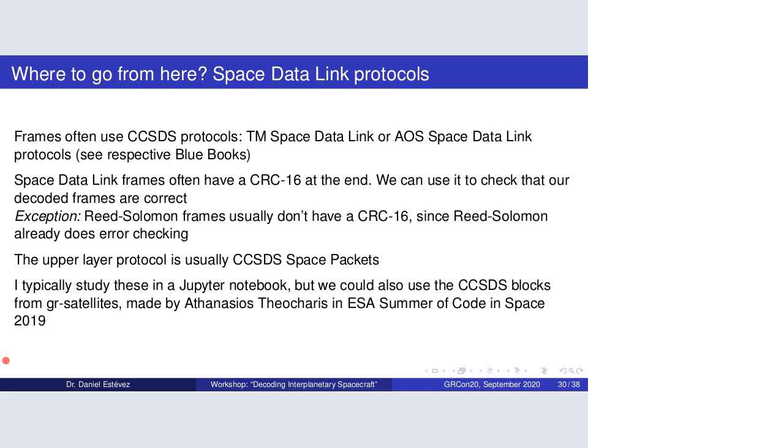This was made by Athanasios Theocharis, a student from Thessaloniki University in Greece, during last year in ESA Summer of Code in Space, which is similar to Google Summer of Code, but sponsored by ESA, and all projects need to have some relation to space.